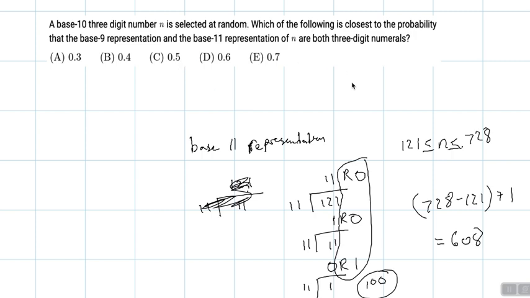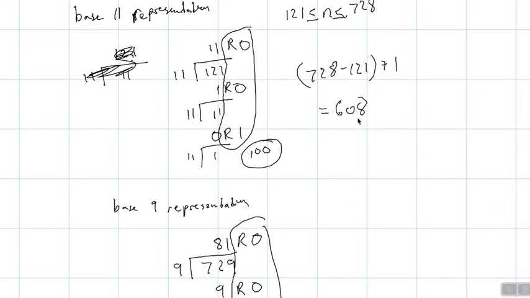And so to find this probability, we need to put 608 over the total number of numbers between 100 and 999, basically all three-digit numbers. And the number of numbers in between there is going to be 999 minus 100 plus 1, which is 900.